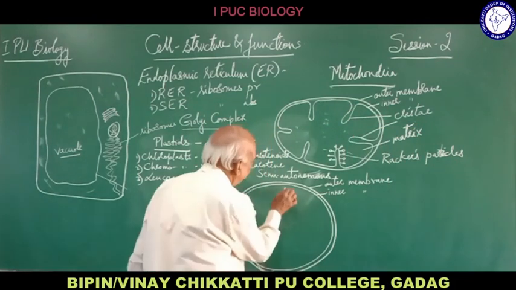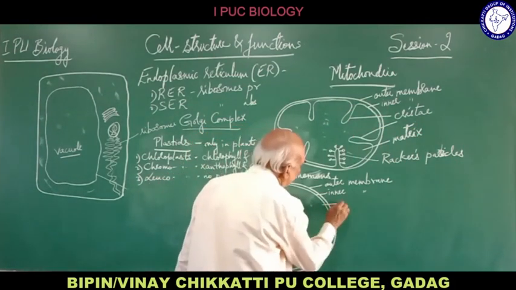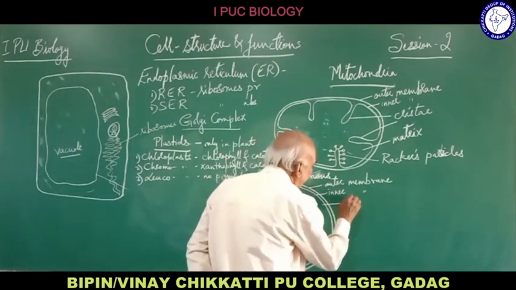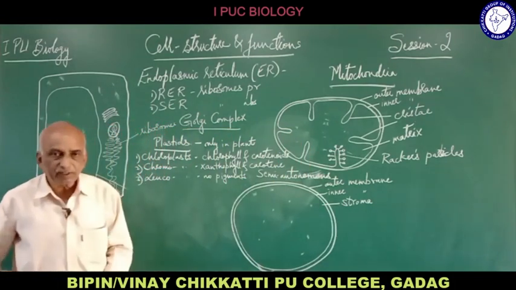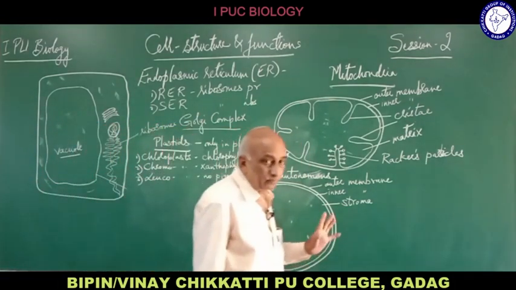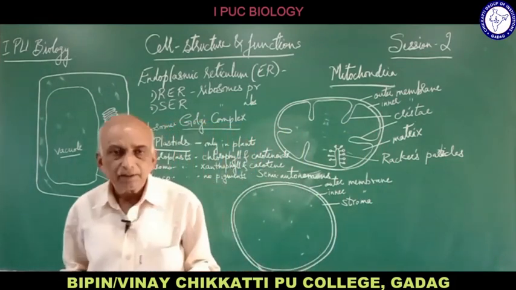And in the plastids there is a fluid which is called stroma. The fluid of mitochondria is called matrix, but the fluid of a plastid or a chloroplast is stroma.